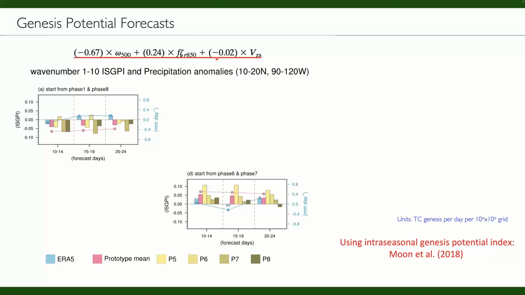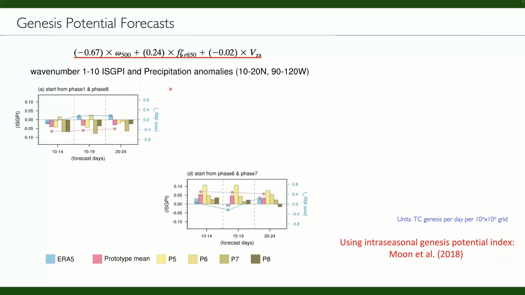And so we looked at this. One of the ways we've looked at this is to use a genesis potential index that was developed by Moon et al. Basically what this does is it takes intraseasonal anomalies in omega 500, relative vorticity and vertical shear, that are presumably associated with intraseasonal variability, and plugs these into an empirically derived formula to determine an intraseasonal anomaly in cyclogenesis potential.